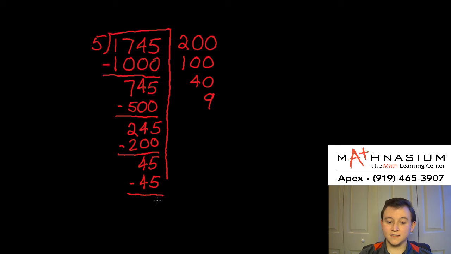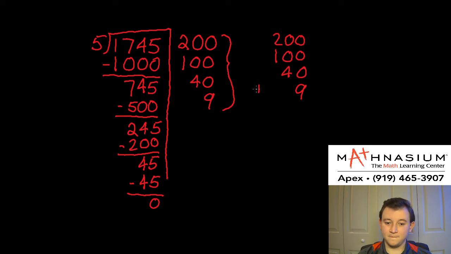We can subtract it, and once we have nothing left over, we can take all of these numbers off to the side here and simply add them up. So 200 plus 100 plus 40 plus 9. So we have 0 plus 0 plus 0 plus 9.